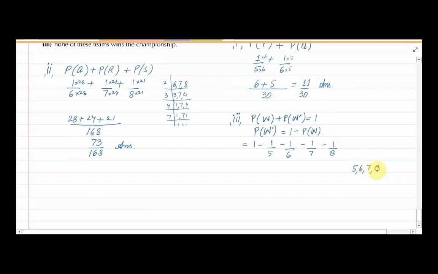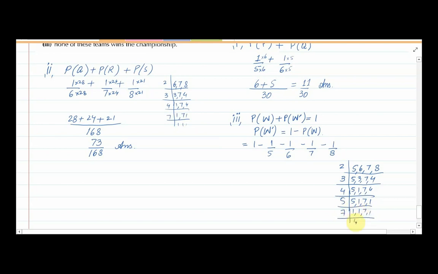At first I will take 2. So 5, 2 3s are 6, 7 as it is, 2 4s are 8. Now I will pick the numbers, so it's 3, after that 4, after that 5, and lastly we have 7.